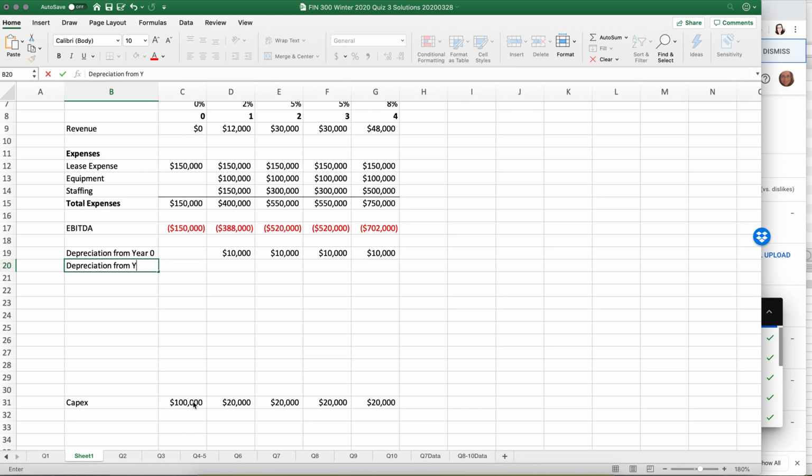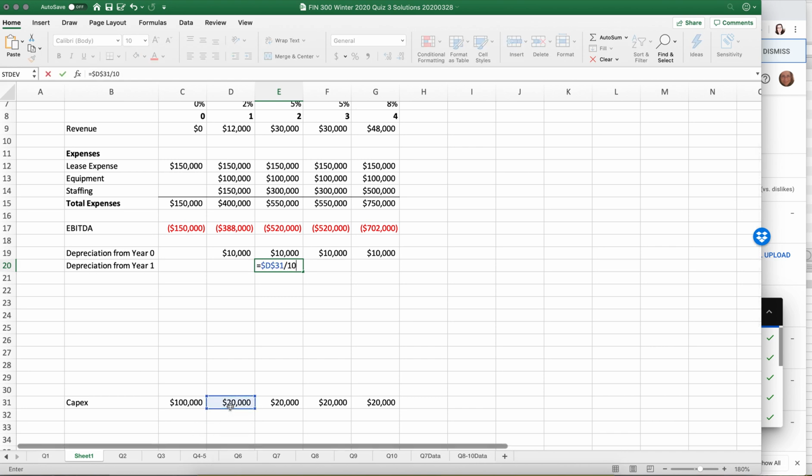Depreciation from year 1 does not start until year 2, and it's going to be this divided by 10.